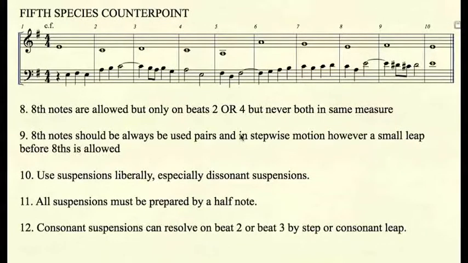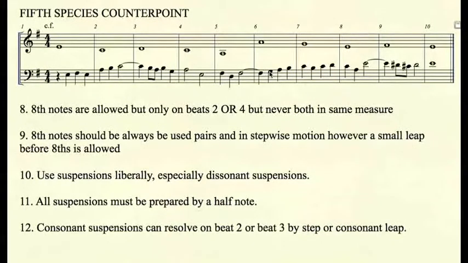Rule number 12, consonant suspensions can resolve on beat 2 or beat 3 by step or consonant leap. In measures 5 and 6, we have a consonant suspension. The half note F is tied to the quarter note F, which means now we can leave that suspension on beat 2 by stepping up.